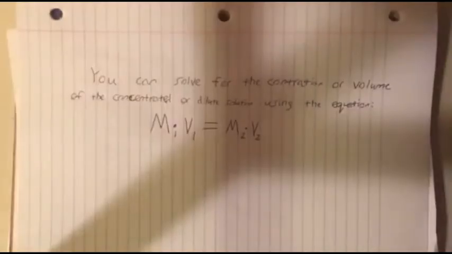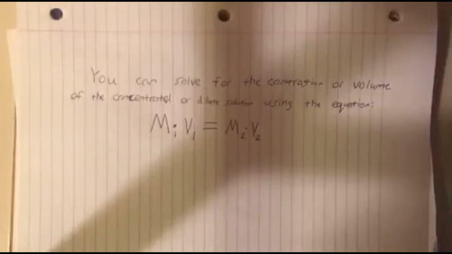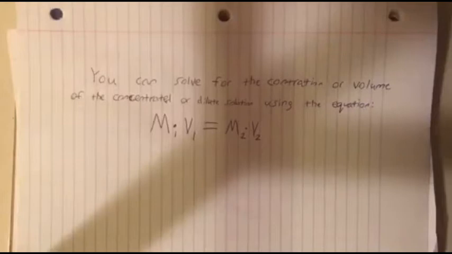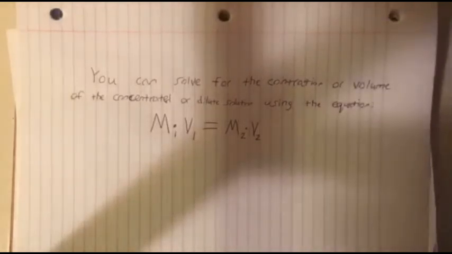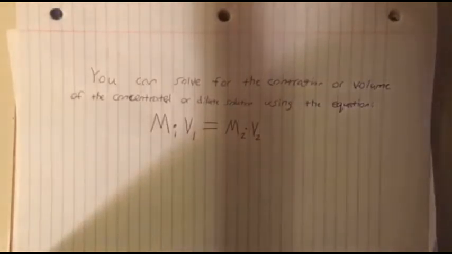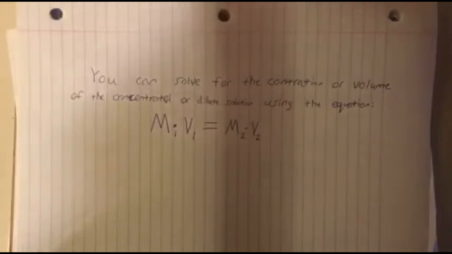You can solve for the concentration or volume of the concentrated or diluted solution using the equation M1 times V1 equals M2 times V2, where M1 is the concentration in molarity, moles over liters, of the concentrated solution.